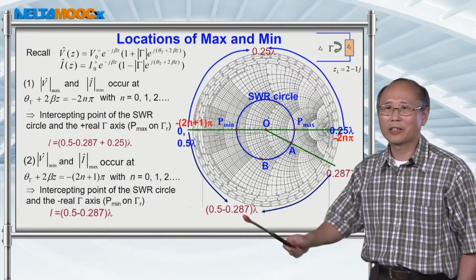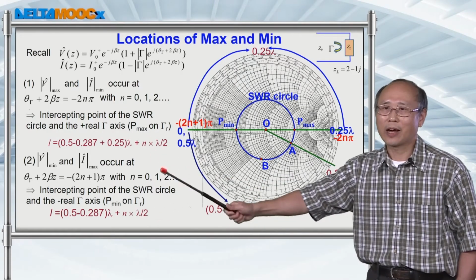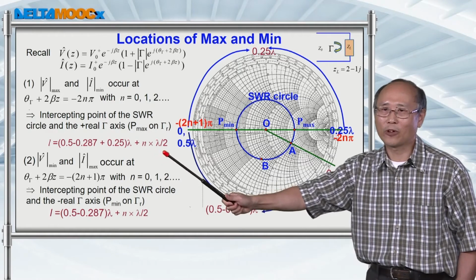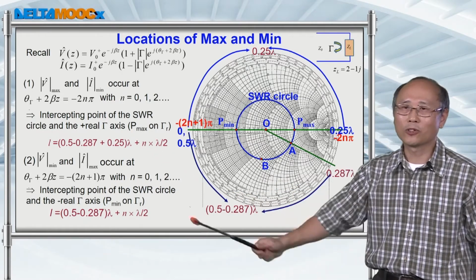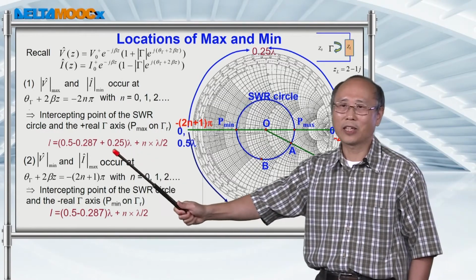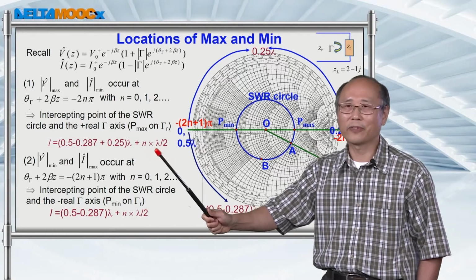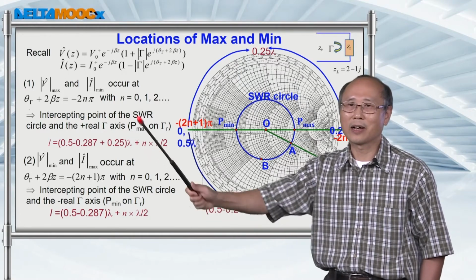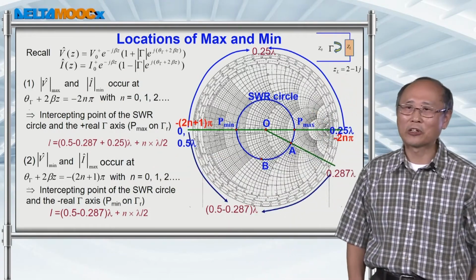So this means that if you add this expression or this expression with an integer multiple of half wavelengths, then you will measure the same signal. So this expression tells you that you can repetitively locate the location of your maximum voltage and minimum current.